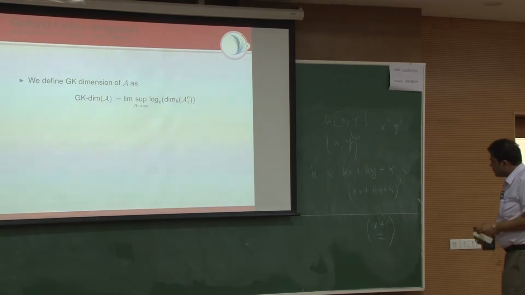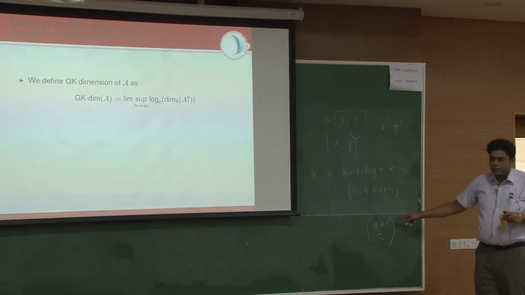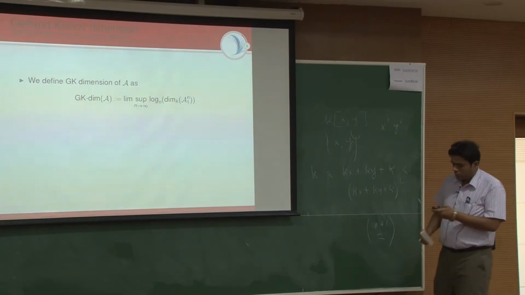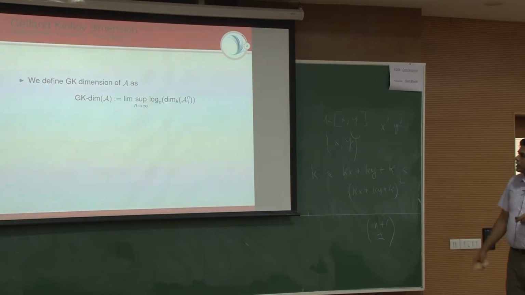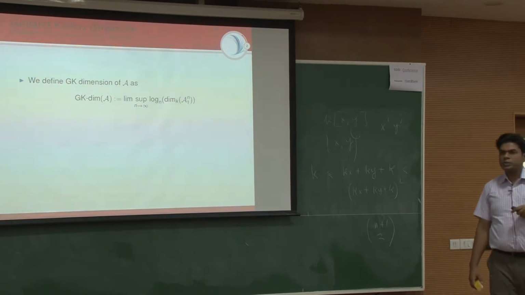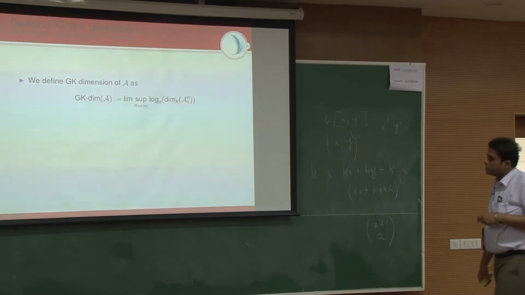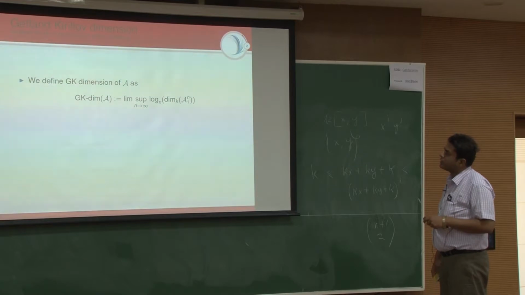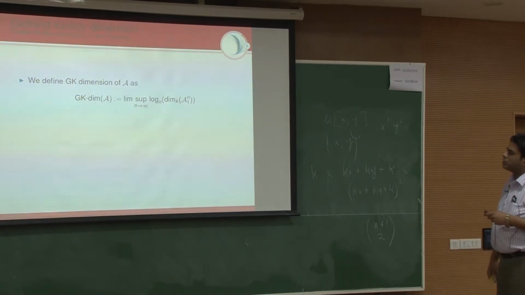In the case of the polynomial algebra, this dimension is a binomial coefficient, and if you expand it out, you will get a polynomial in n of degree 2, and if you take the lim sup of that, you will get 2. So in general, if you take a polynomial ring in s variables and compute the GK dimension, it will be equal to s.